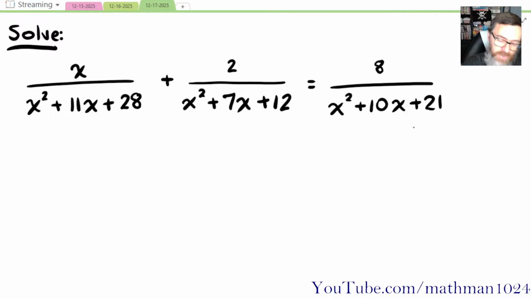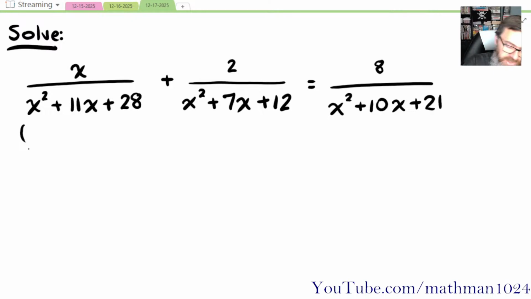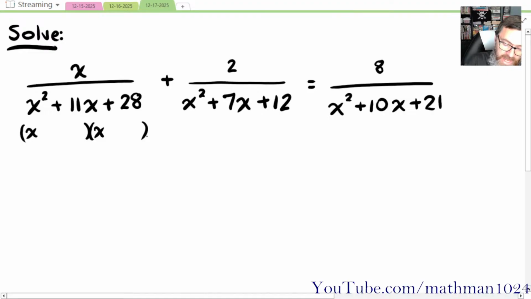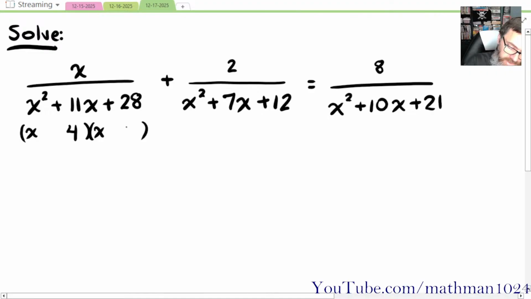For this first denominator, please notice that all these are just x squared. So we should be able to break them down nicely as x times x, and then concentrate on the constant term to see the factors of the constant that will give us the middle coefficient. So factors of 28 that give us 11 will be 4 and 7.